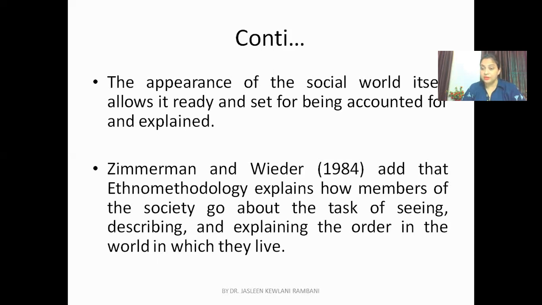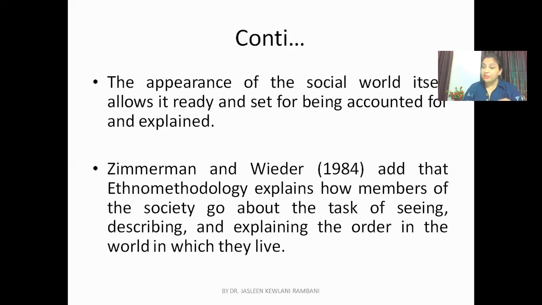Zimmerman and Wieder say that there are some methods and techniques which members of society use for what? Number one, to see. Number two, to explain and describe the order of the world in which they live.